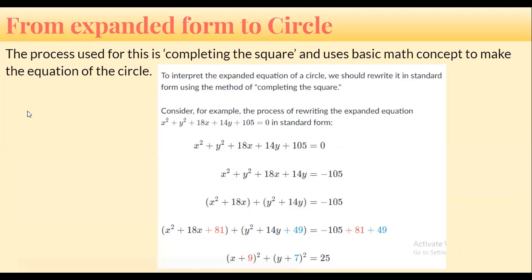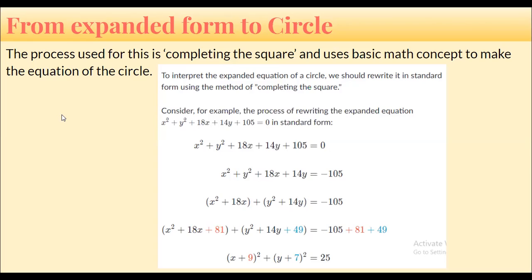As you can see, this is how you would solve an expanded form of a circle into getting the desired form using the process so-called completing the square that I just talked about. So this is an example problem. You are given x squared plus y squared plus 18x plus 14y plus 105 is equal to 0. Now they tell you that's the equation of a circle.